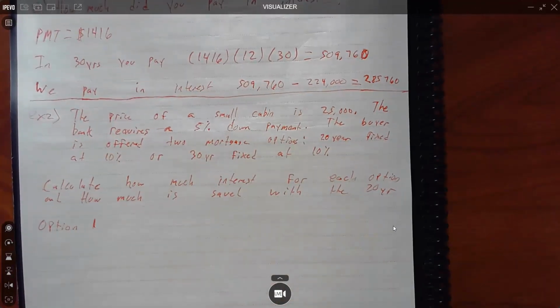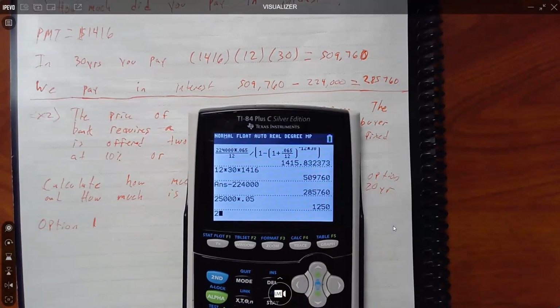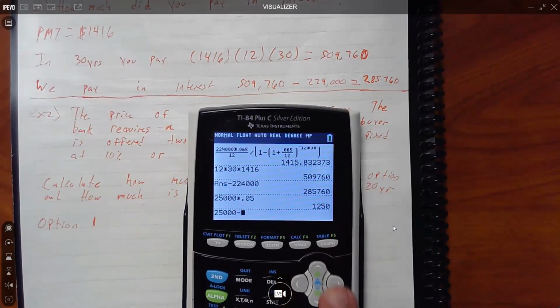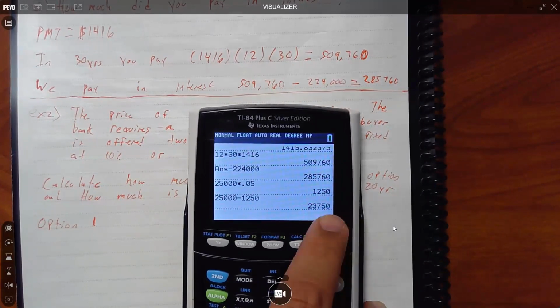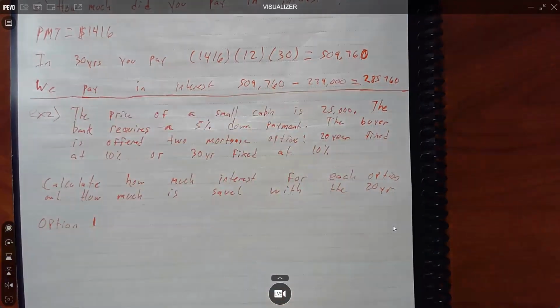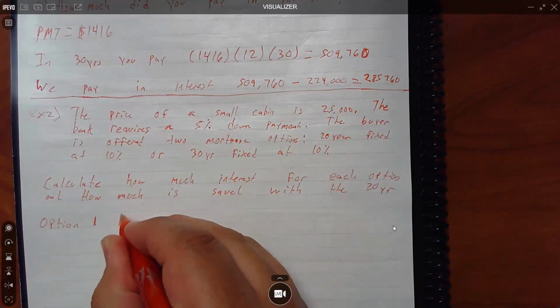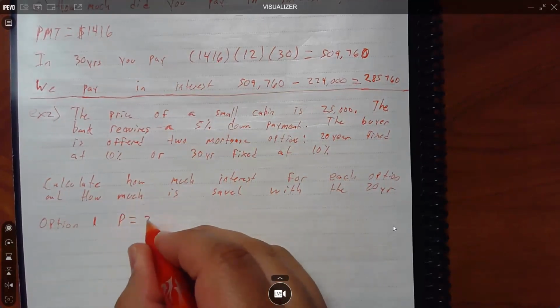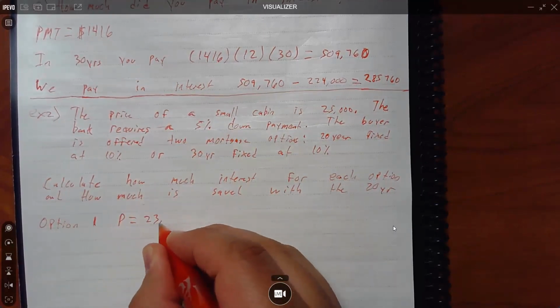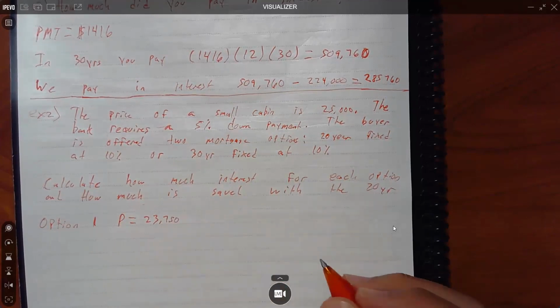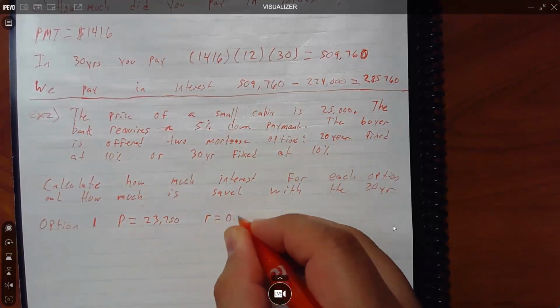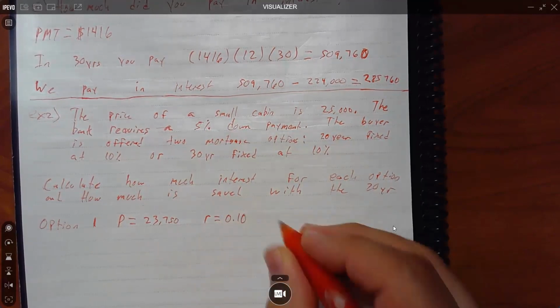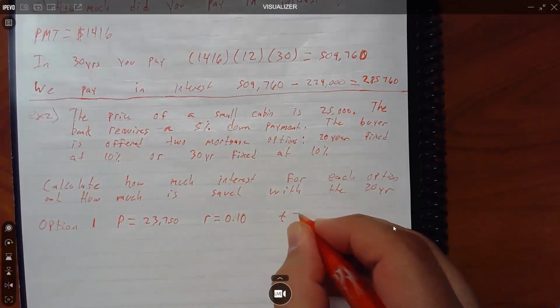So if I'm putting that down, I'm actually borrowing 23,750. So the principal is 23,750. The rate is 10% or 0.10. Time for option one is 20 years.